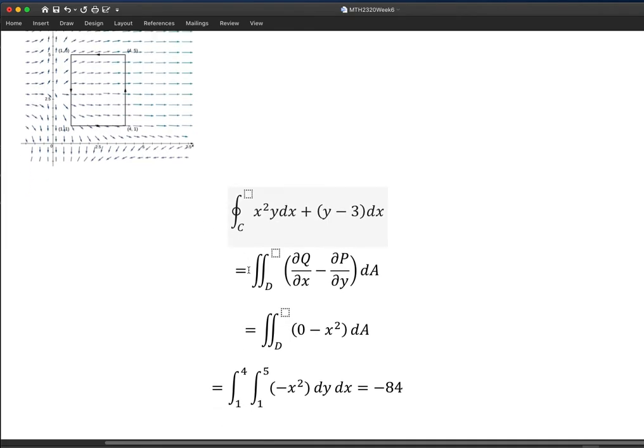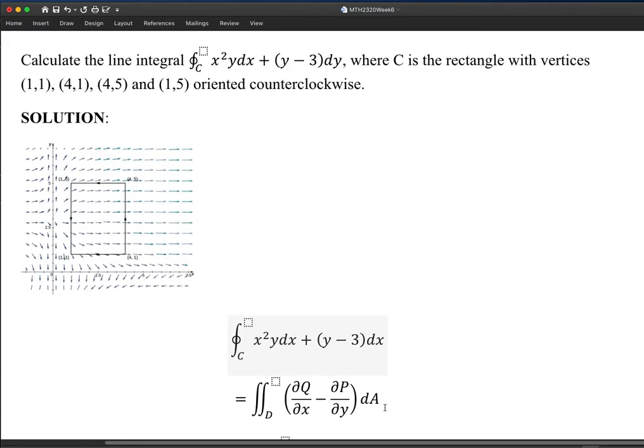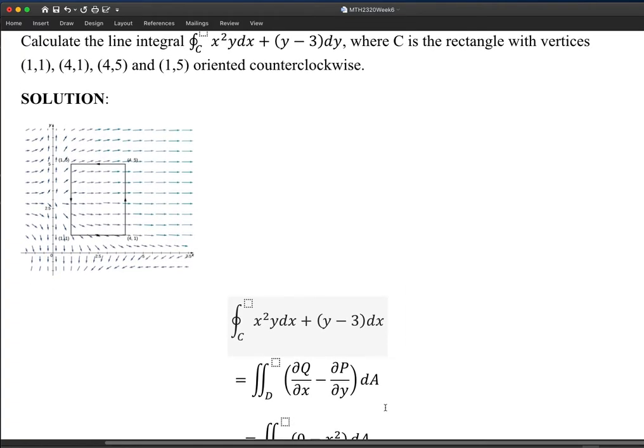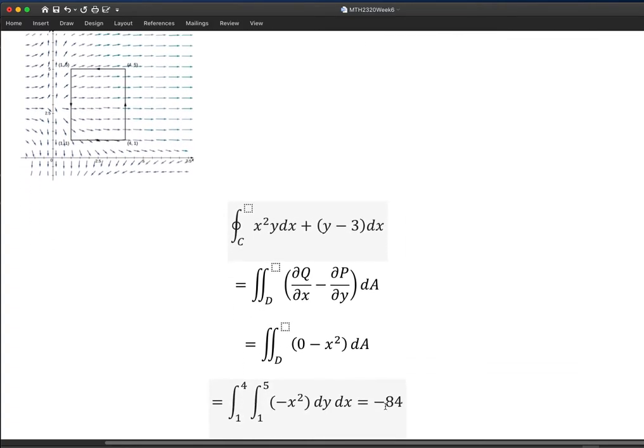I'm just going to consider it type 1, or dy dx. It really doesn't matter; you can interchange those two integrals. Eventually I get the answer as negative 84. This is a line integral calculated using a double integral.